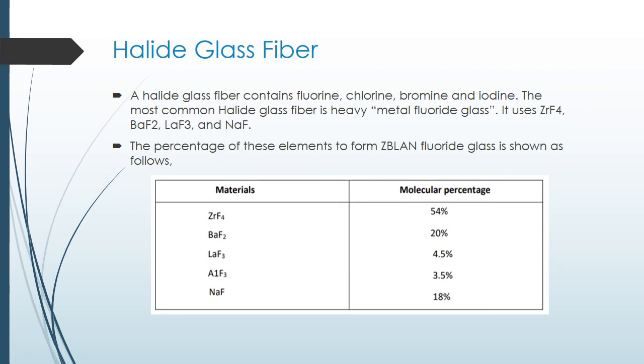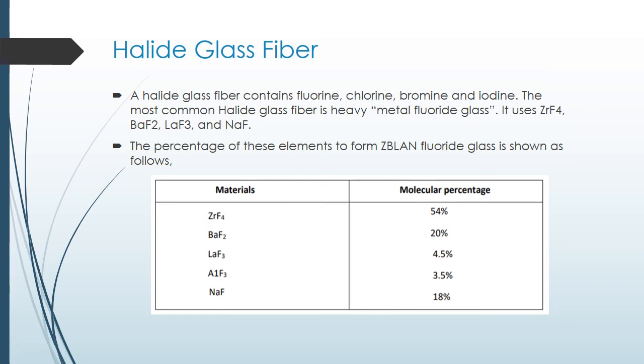First we are going to see halide glass fibers. Halide glass fibers contain fluorine, chlorine, bromine and iodine. Most of the halide glass fibers are heavy metal fluoride glass. It uses ZrF4, BaF2, LaF3 and NaF.